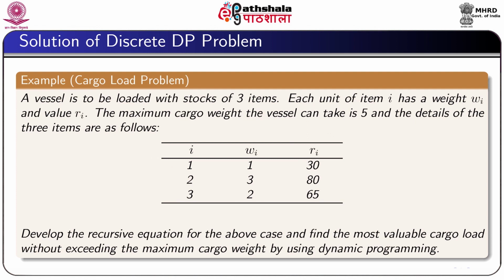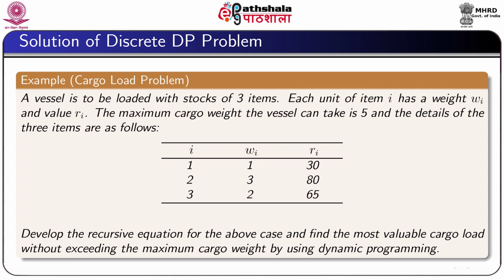Now, we proceed to take another example which is called the cargo load problem. A vessel is to be loaded with stocks of 3 items. Each unit of item i has a weight Wi and value Ri.